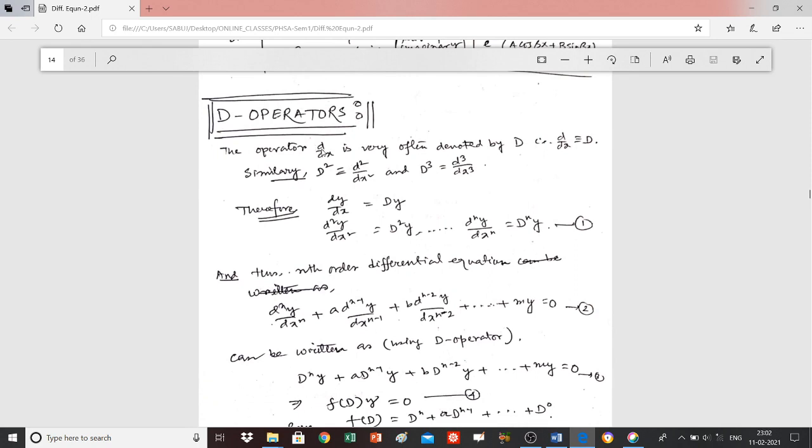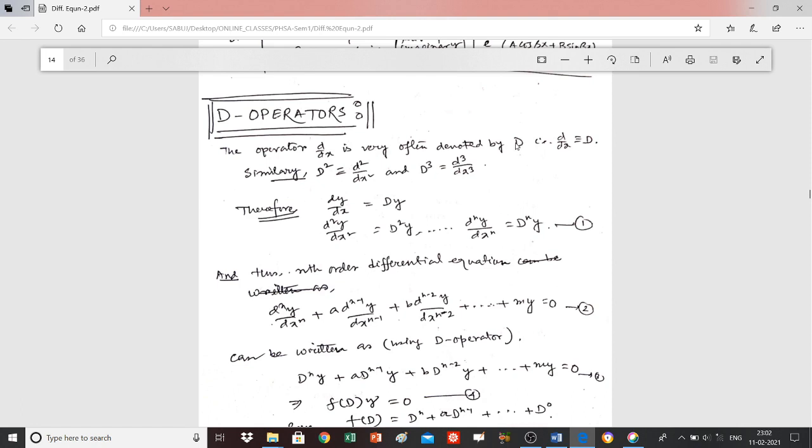In solving differential equations, the D operator is a very important and strong tool, especially for non-homogeneous differential equations. For a non-homogeneous second order differential equation, D operators are much more important for finding the particular integral, and knowledge of the D operator will help you find it. It is denoted by capital D.